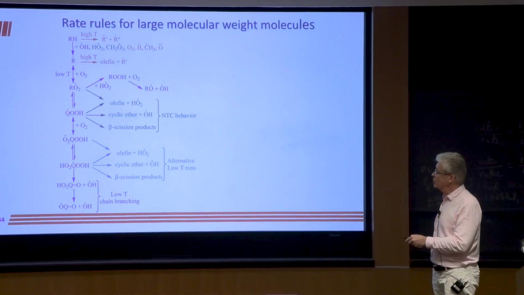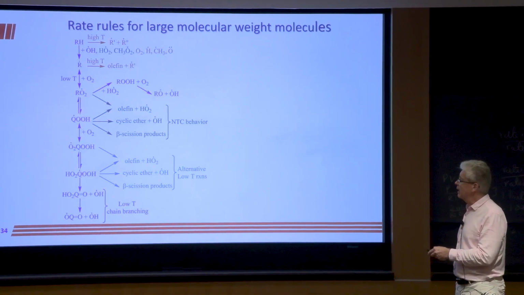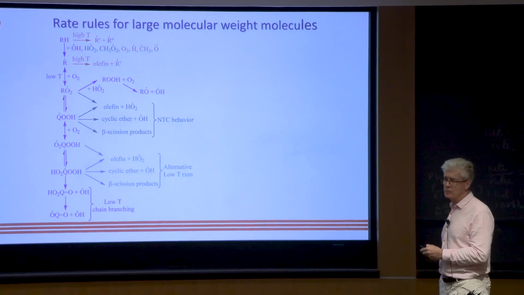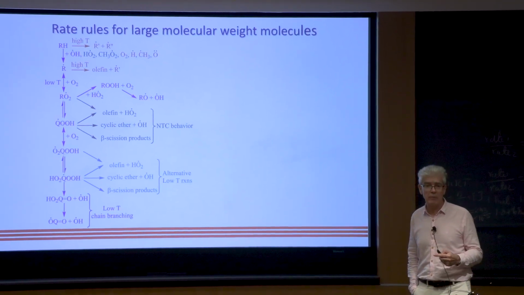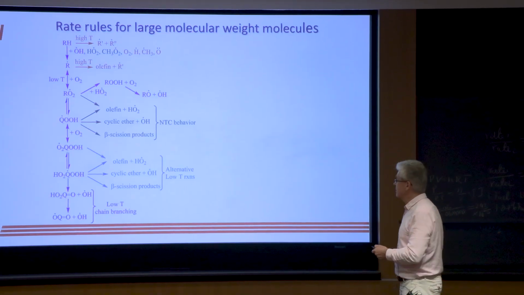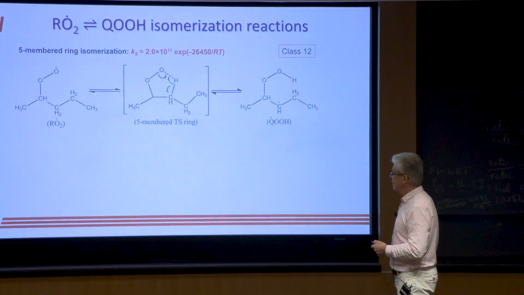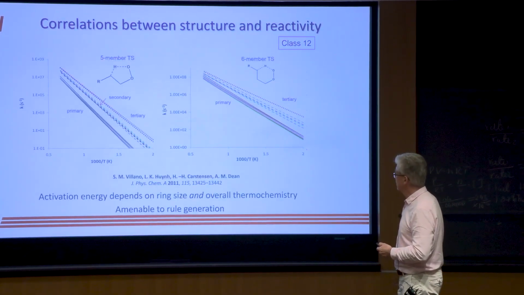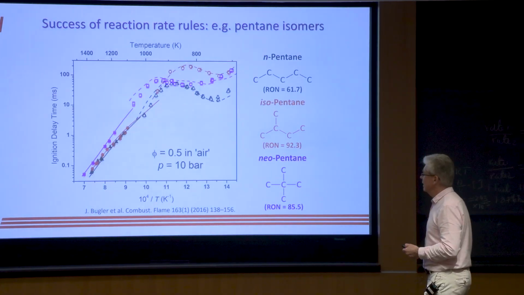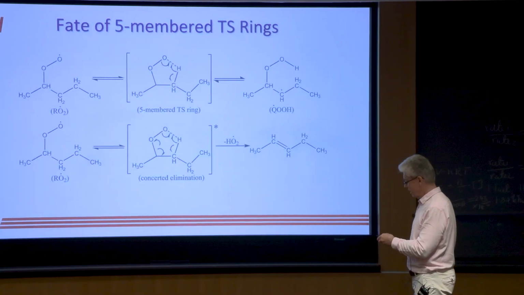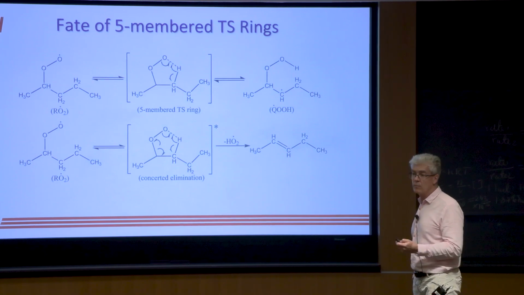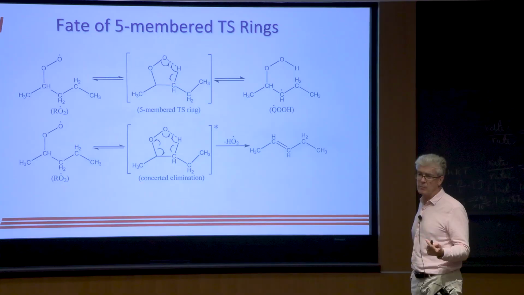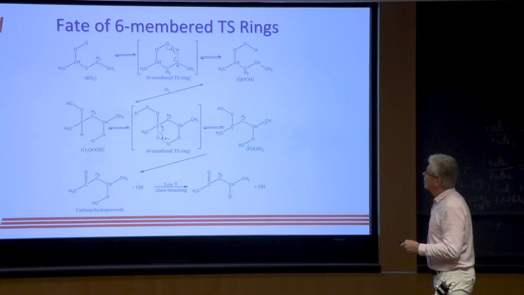We had RO2 giving hydroperoxy alkyl radical, and then that giving you olefin plus HO2. It's not correct to write it that way. What actually happens is direct elimination to olefin plus HO2, and that's the way we write it now. So basically, this 5-member transition state structure gives you olefin plus HO2. That's really what I'm trying to say.